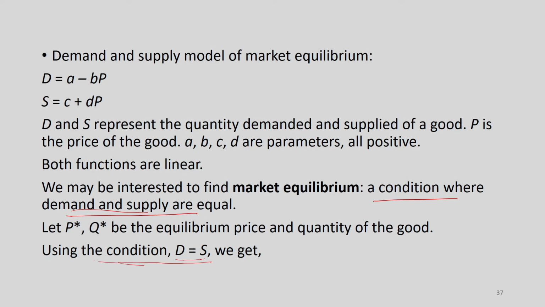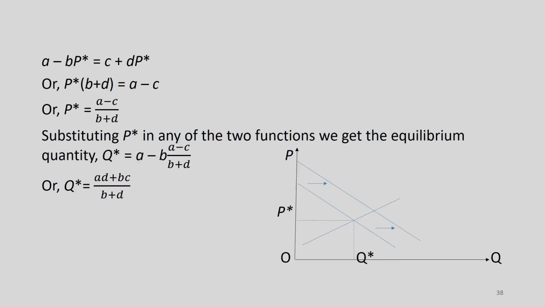So, now we use the fact that D is equal to a minus b P and S is equal to c plus d P. So, we use these two functions, and we get this relation: a minus b P star is equal to c plus d P star. I am writing P star instead of P because we know that in equilibrium this price is taking that particular value P star.